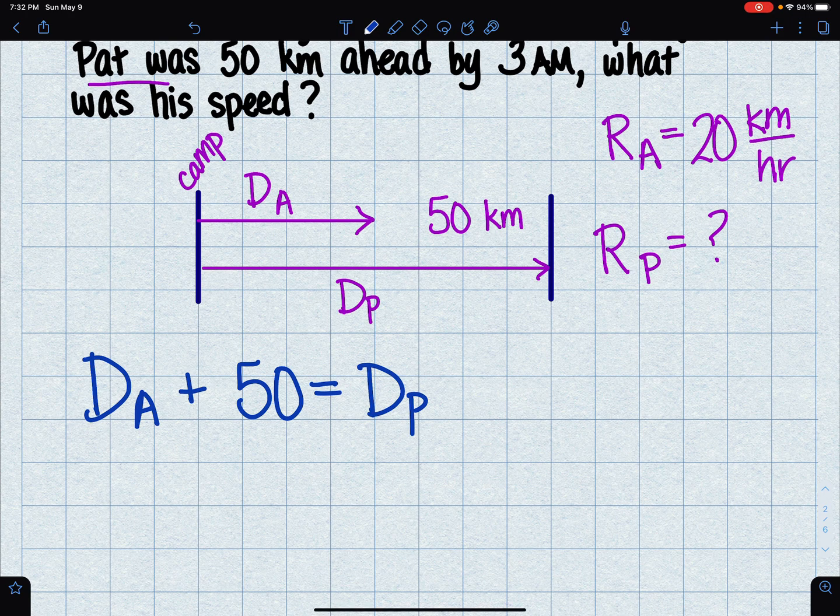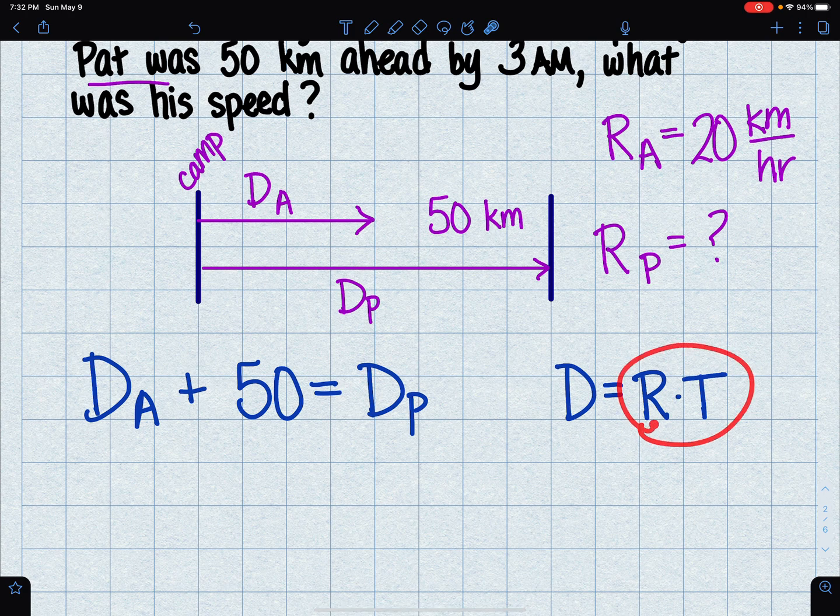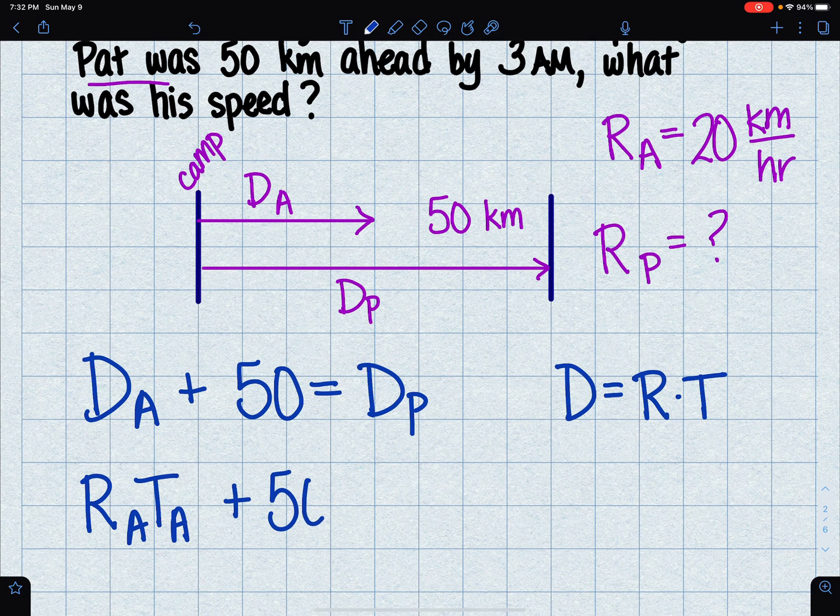Now, let's substitute, since we know that distance equals rate times time. We're going to substitute rate times time whenever there's a distance. Okay, so let's do rate times time of Achilles plus 50 equals rate times time of Pat.